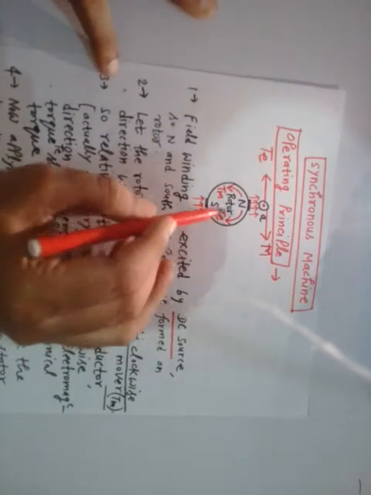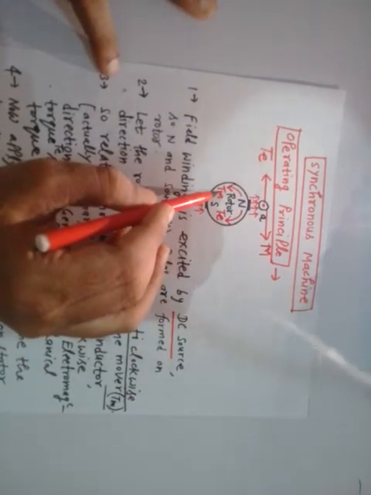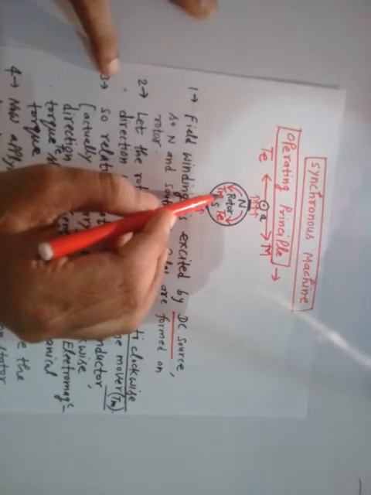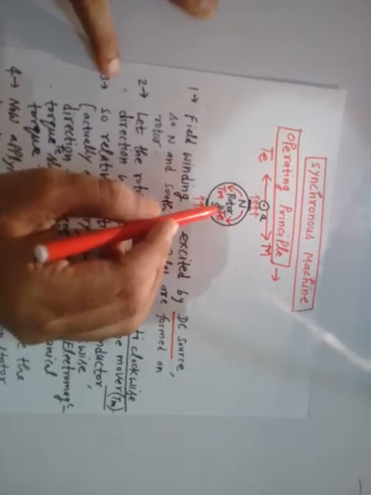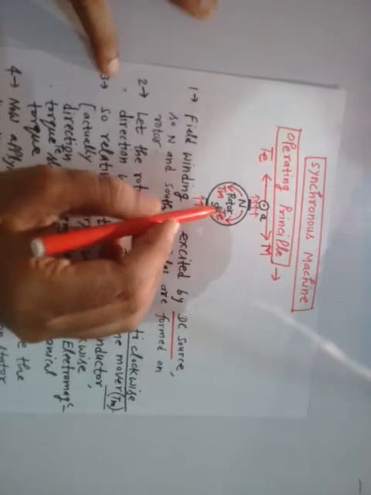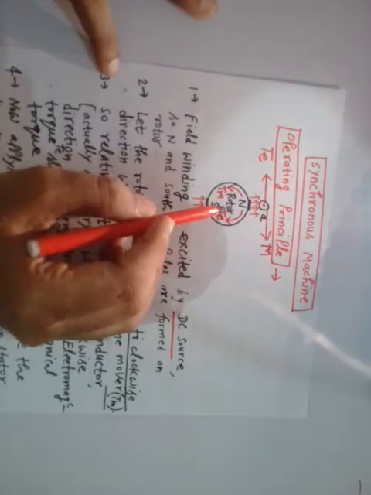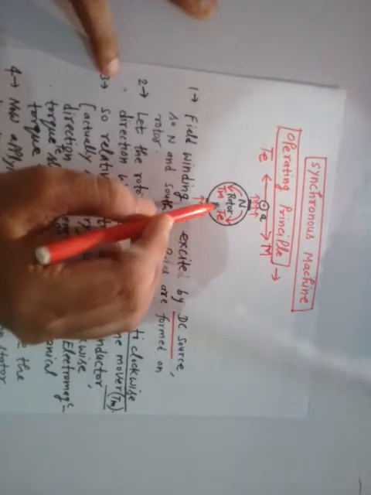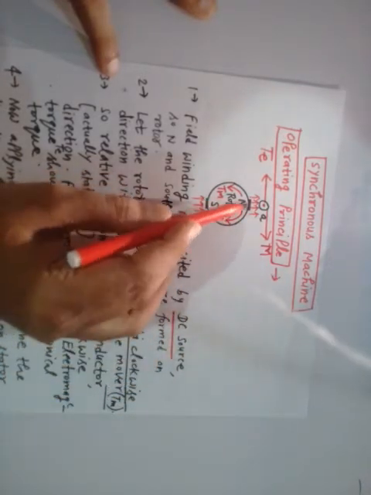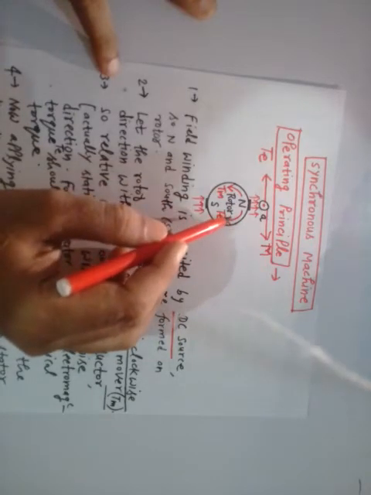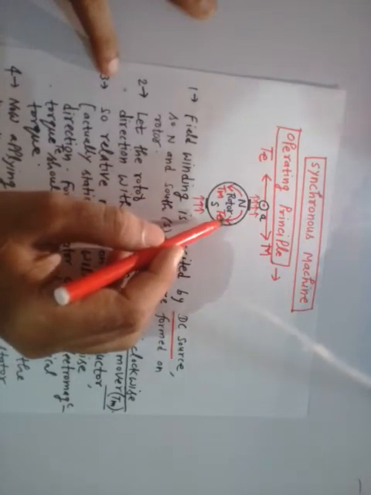Now, since this electromagnetic torque is opposing the mechanical torque, the prime mover will face retardation momentarily, right? But in order to supply the load, the speed of the prime mover, or the speed of the rotor, should never be less than the synchronous speed.